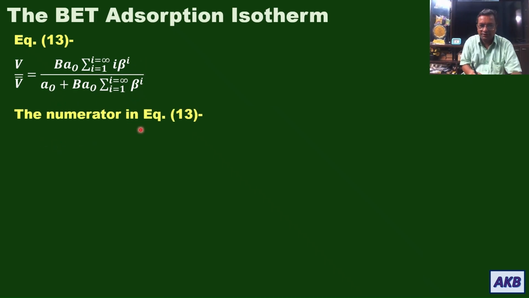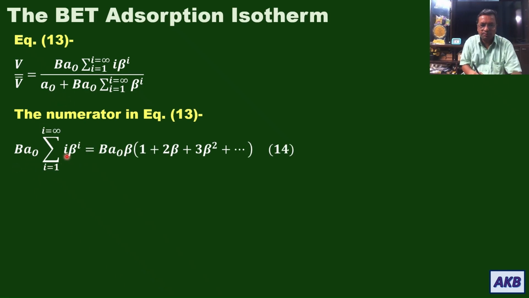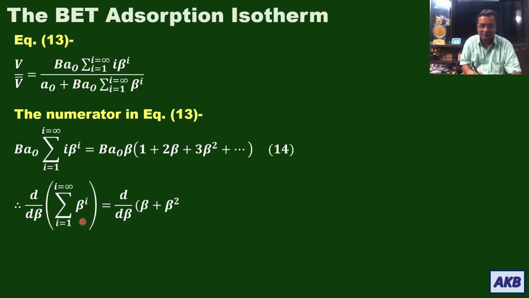The numerator in equation 13 is b into a naught into summation i beta raised to i, where i goes from 1 to infinity, and we had got equation 14 earlier. Equation 14 was obtained previously, and we were differentiating this summation. d by d beta of the summation is equal to d by d beta of this series.